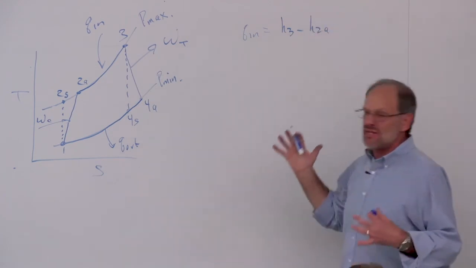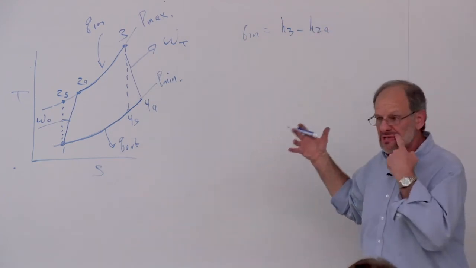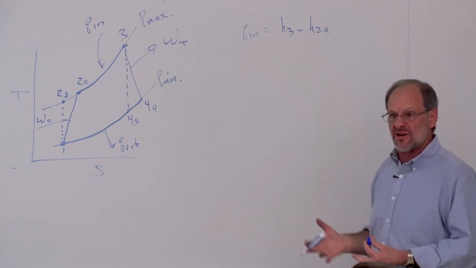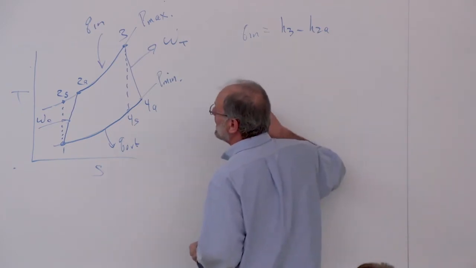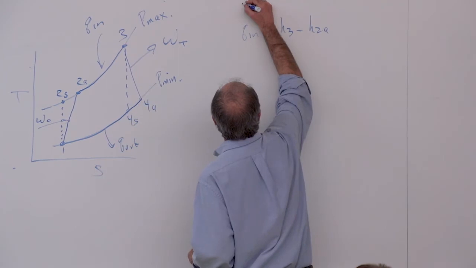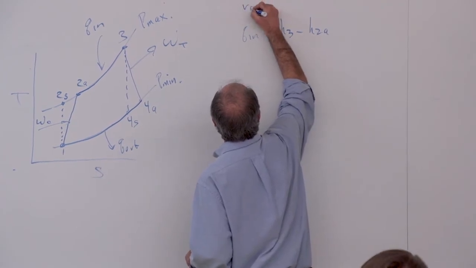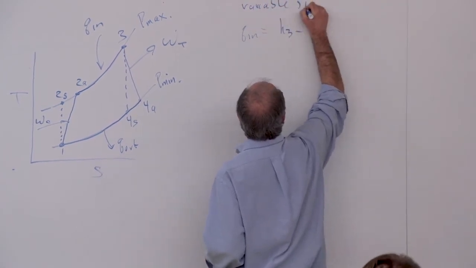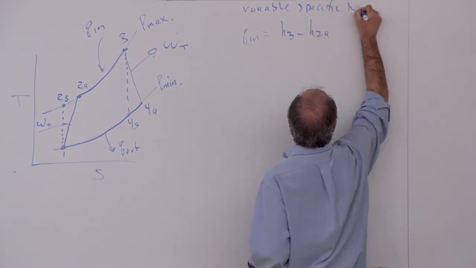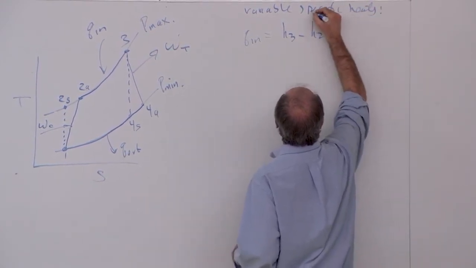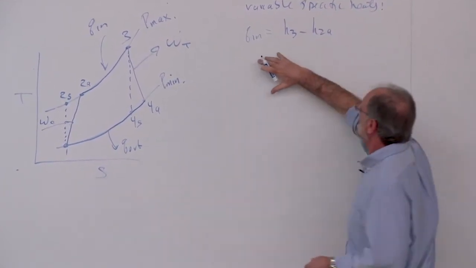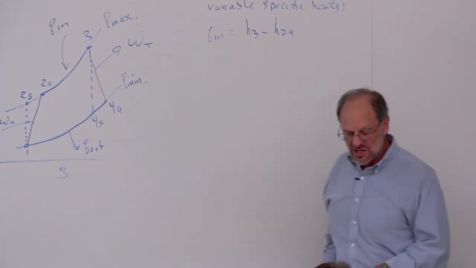Okay. So these are, again, just the general equations which will apply to the case of variable specific heat. So maybe I'll put variable specific heat. If we use variable specific heats, then the heat input is just found by finding this enthalpy change.